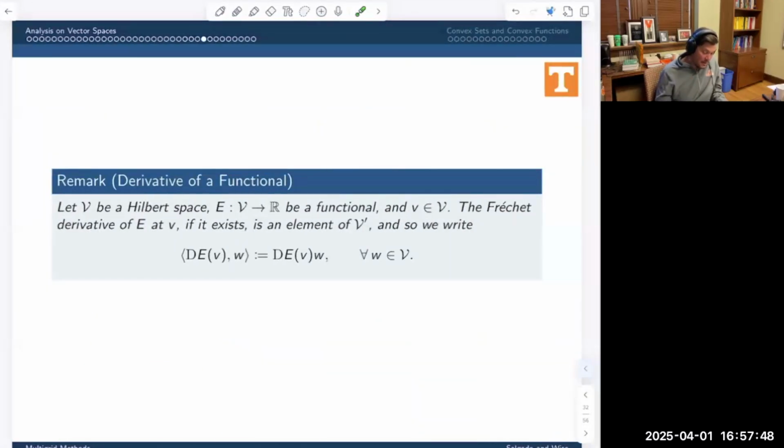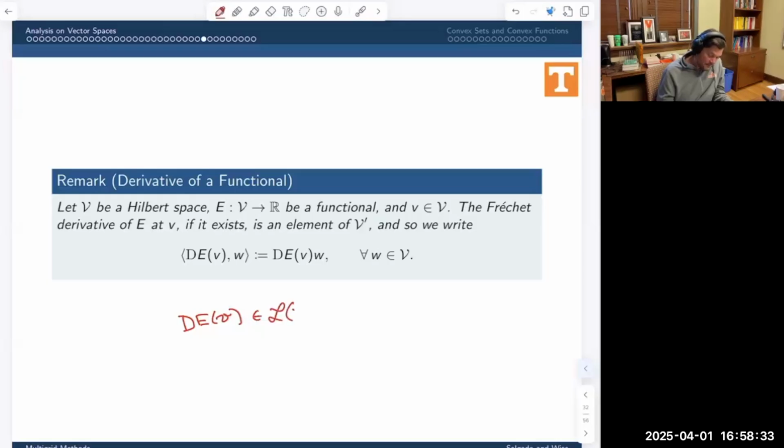All right, so what about if we have a derivative of a functional? A functional is an operator which takes v into R. So in other words, the second space is going to be the quintessential Banach or Hilbert space. It's just going to be R. In this case, if this mapping is differentiable, then the Fréchet derivative, if it exists, is going to be a bounded linear functional, right? Because if that derivative exists at some point, then it has to be in this space.